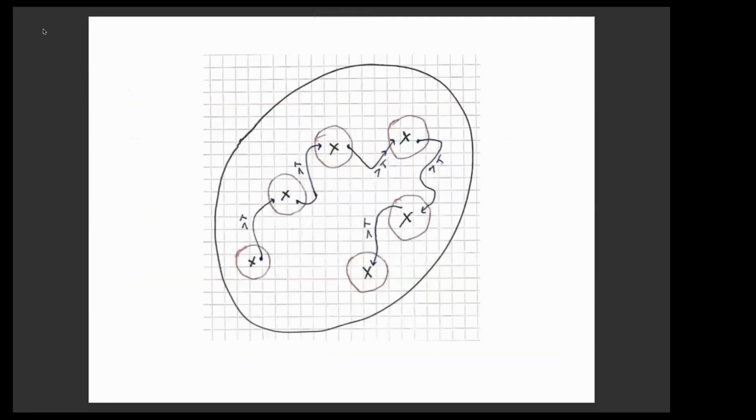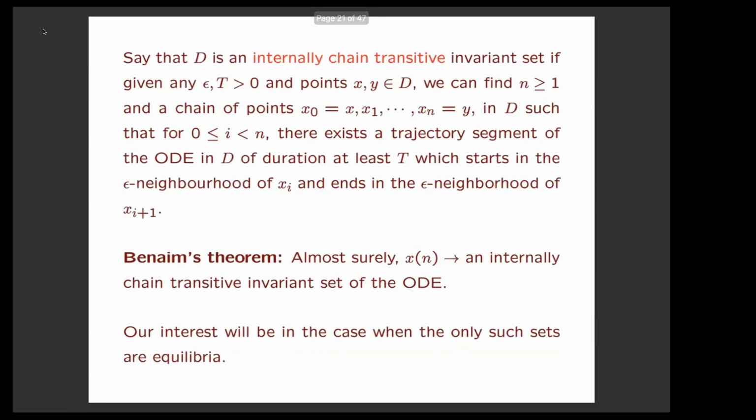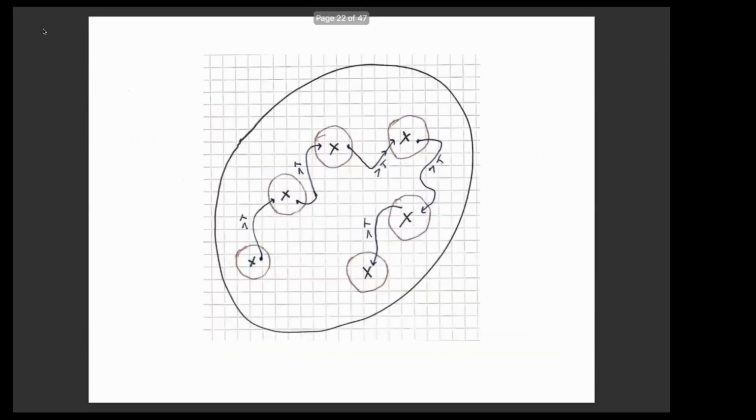So this terminology, internally chained transitive invariant set, was introduced by a person called Conley in dynamical systems theory. What it says is the following. This is an invariant set. I am given 2 points.